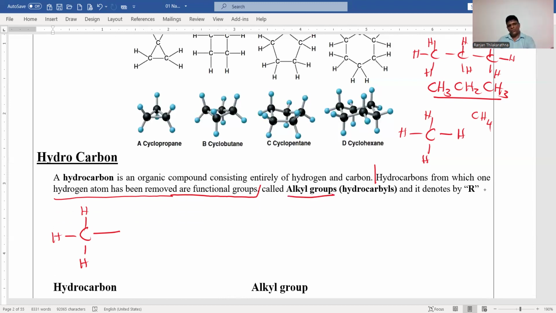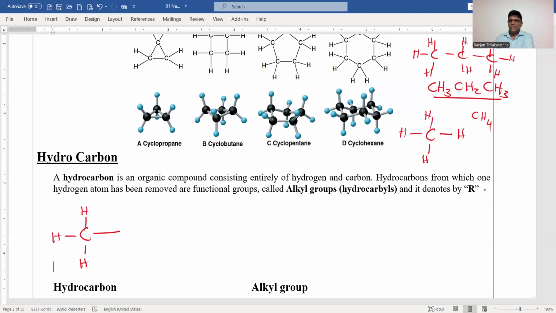That means if you remove one hydrogen atom from a hydrocarbon, the remaining part is known as an alkyl group, or sometimes we call them hydrocarbyls.